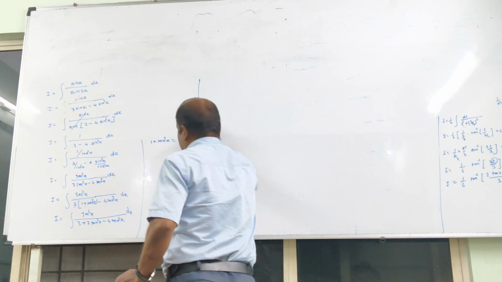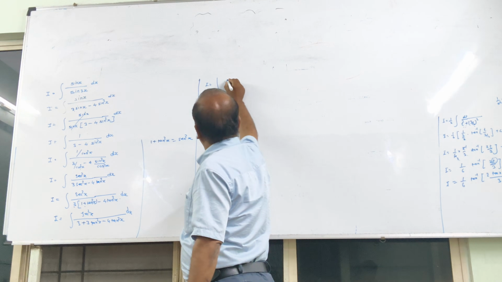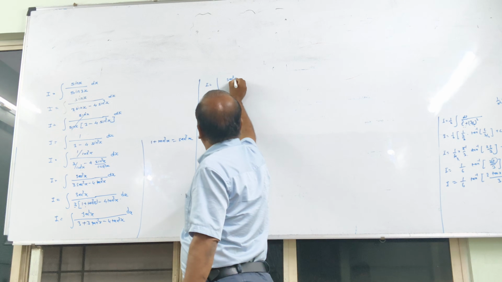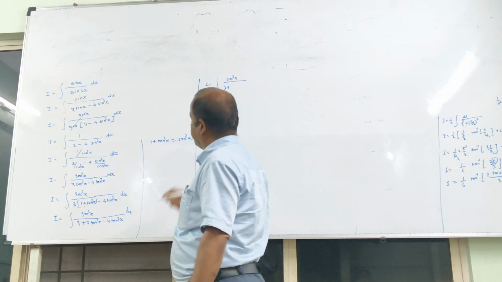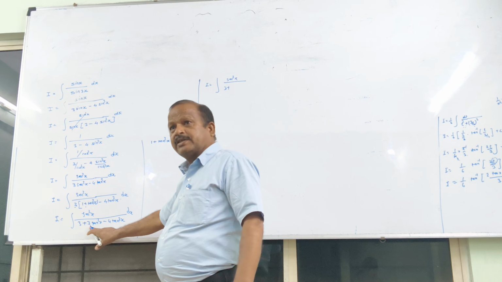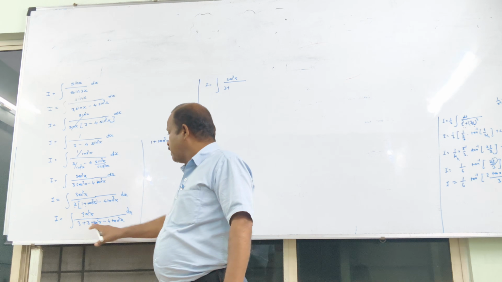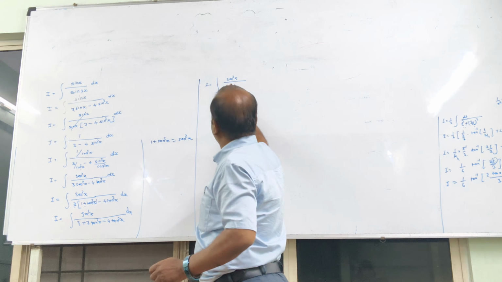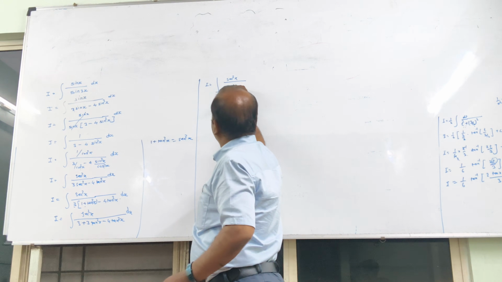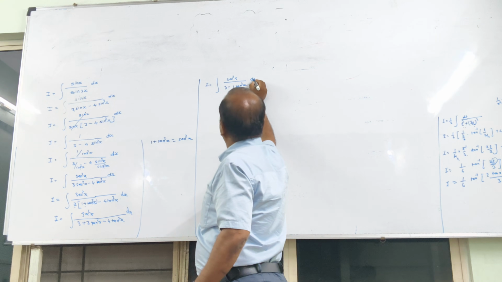So we can write I equal to integration of sec square x upon 3 plus 3 tan square x minus 4 tan square x. Now 3 minus 4 tan square x... so it can be written as 3 minus 1 tan square x into dx.